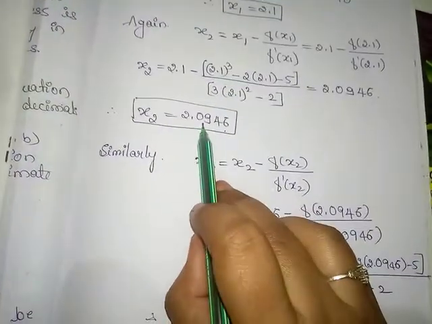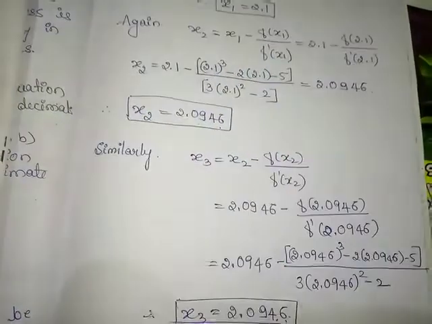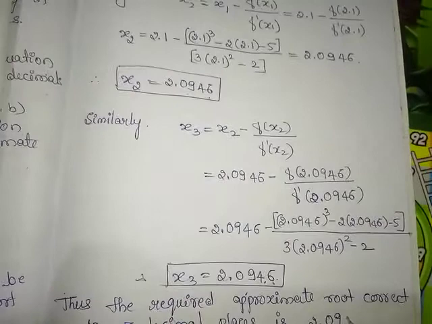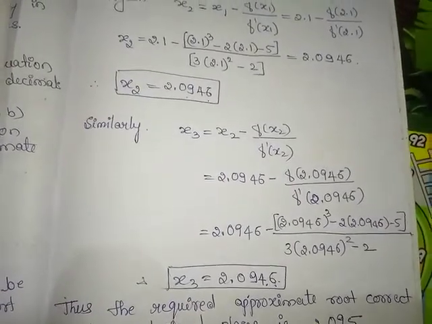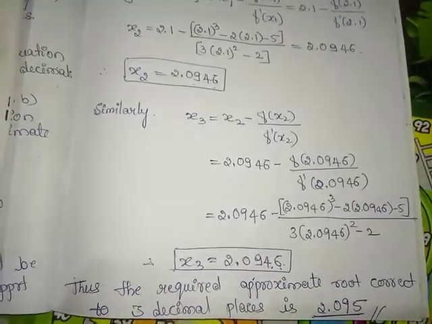See, here we have 0.0946. Here the last digit is 6, so we can take it as 2.095, which is our required approximate root correct to 3 decimal places.